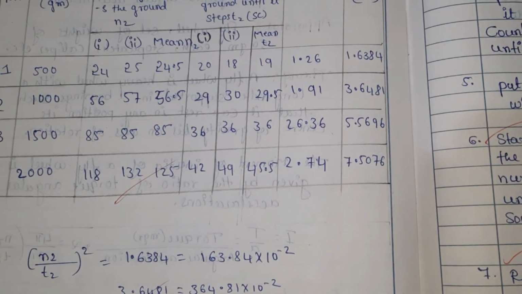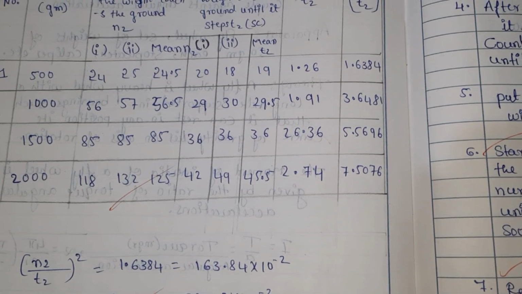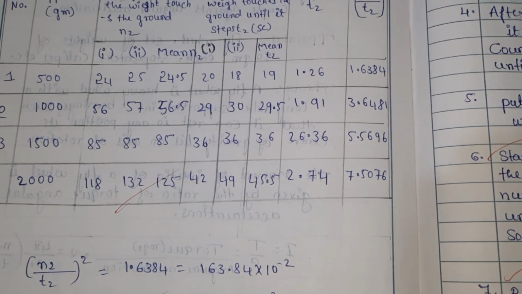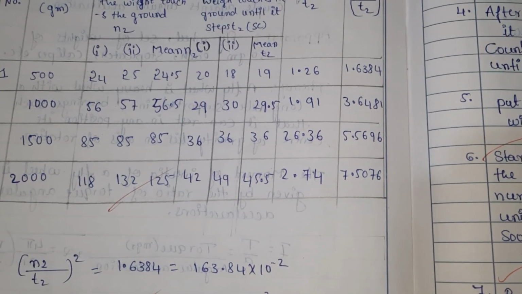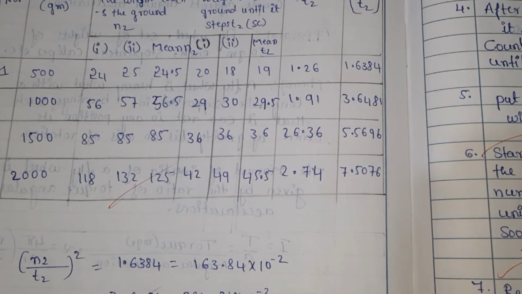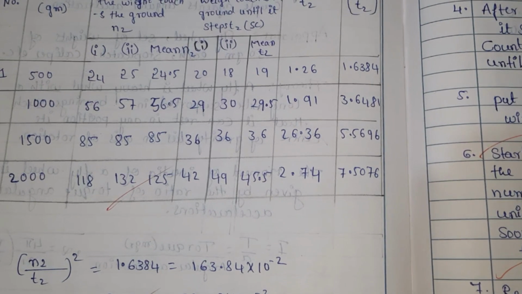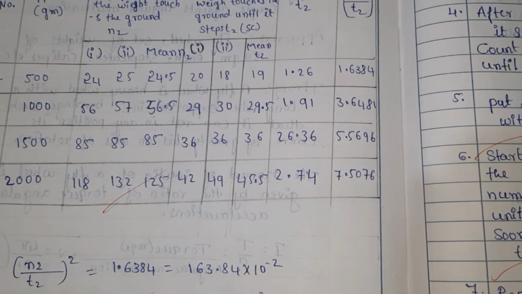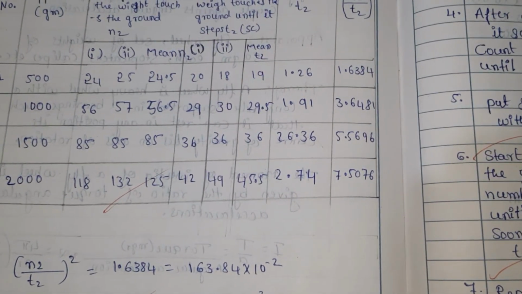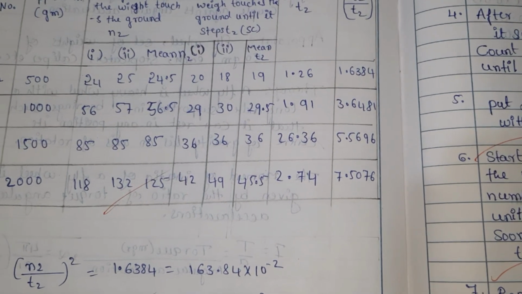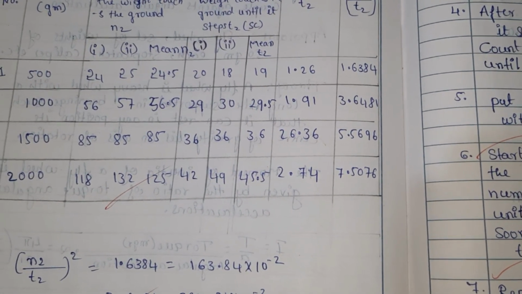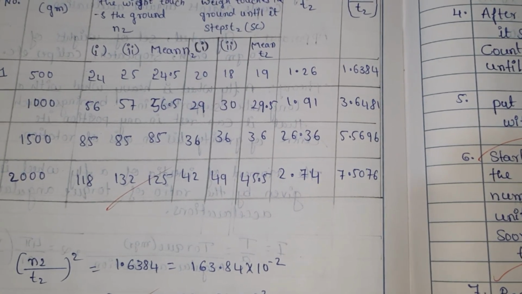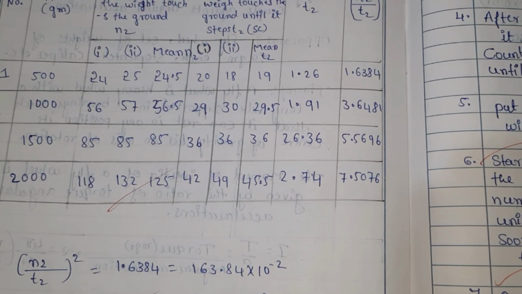Then the number of rotations made by the flywheel after the weight touches the ground, N2. Here you have to take 2 readings. The first time you get 24 rotations, and the corresponding time taken by the flywheel after the weight touches the ground until it stops, T2.